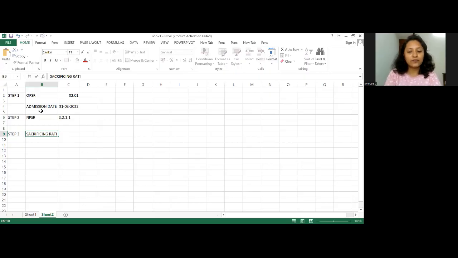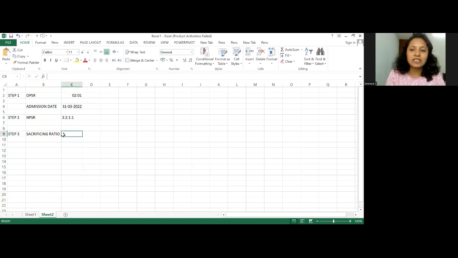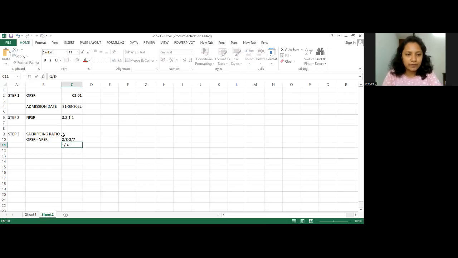In case of admission, it is sacrificing ratio. In case of retirement, it will be gaining ratio. So what is sacrificing ratio? It is old profit sharing ratio minus new profit sharing ratio. So here it is 2/3 minus 3/7 and 1/3 minus 2/7.